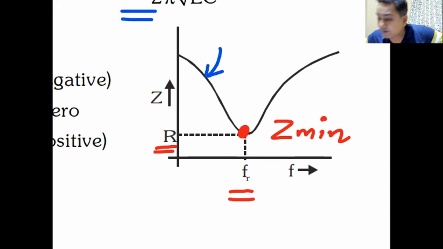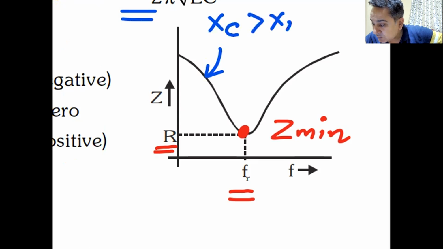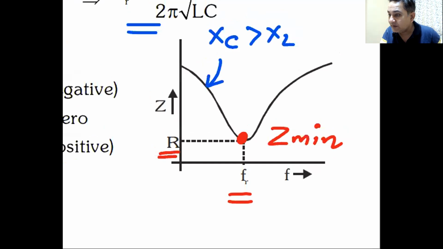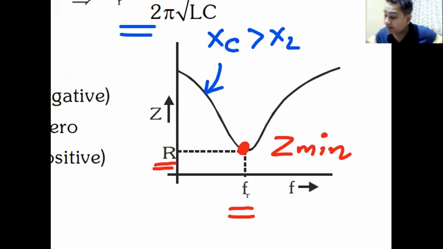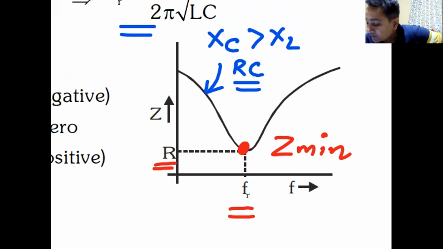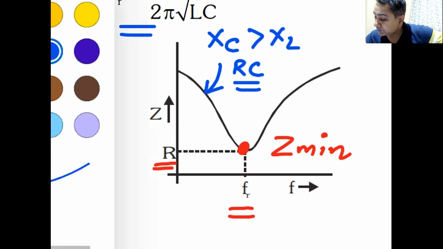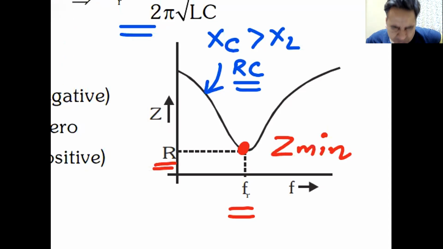On the left hand side, your XC is more than XL, and therefore this blue graph behaves as an RC circuit, because frequency is low. XC is more than XL.